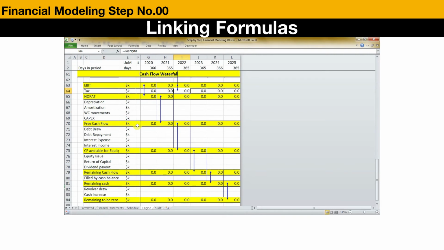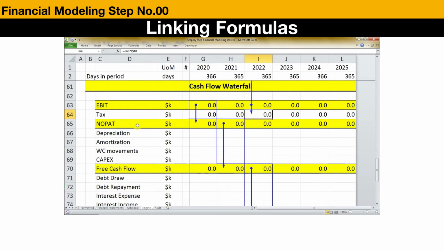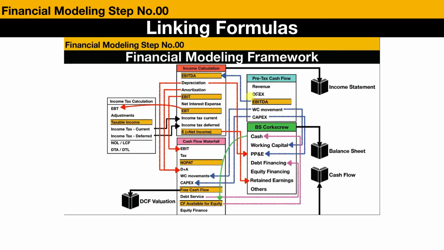Before moving to the last engine, BS Corkscrew, let's link the formulas within the engines. There are many links between the engines, so we cover them one by one. The first formula is EBITDA from pre-tax cash flow to income calculation.